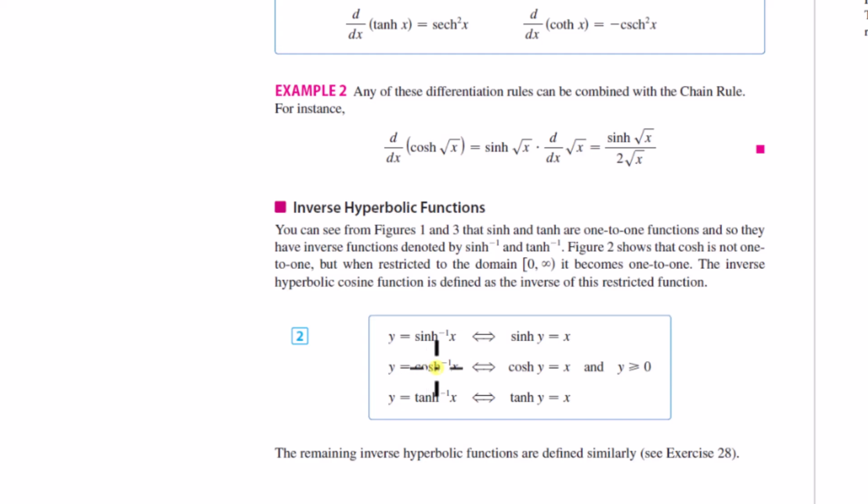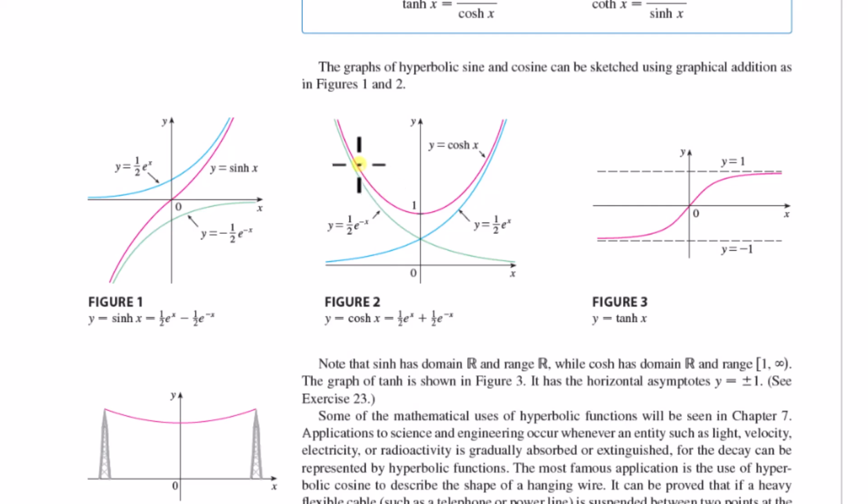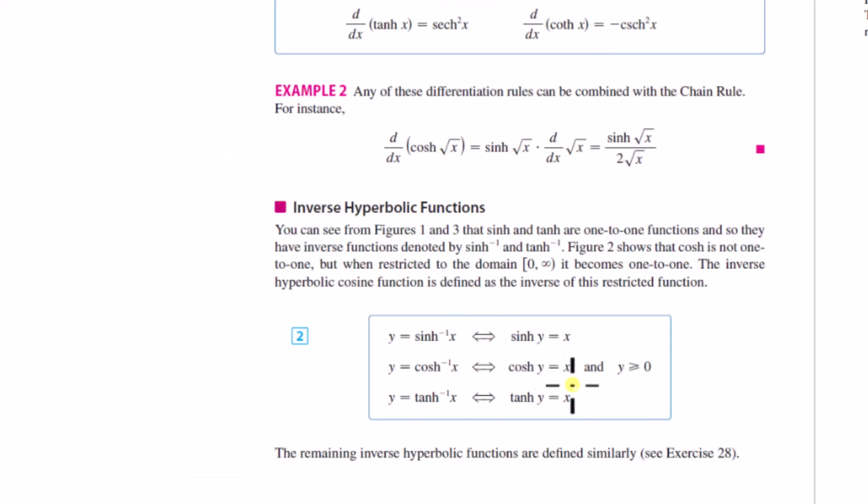So if we come here, you can see that hyperbolic cosine doesn't pass the horizontal line test. But if you restrict the domain of hyperbolic cosine to 0 to infinity, then it has an inverse. And so that's what they do here.